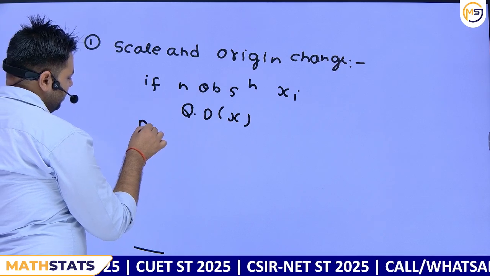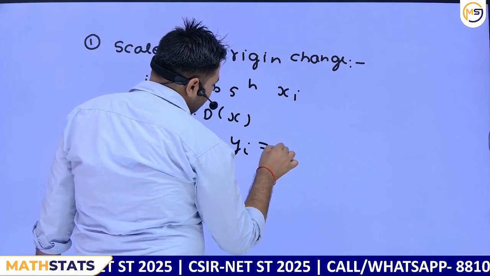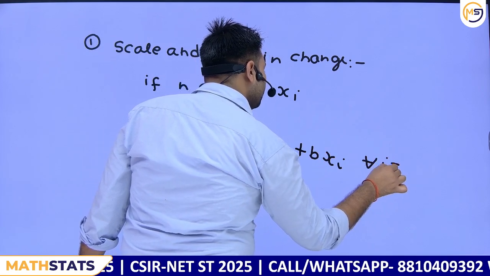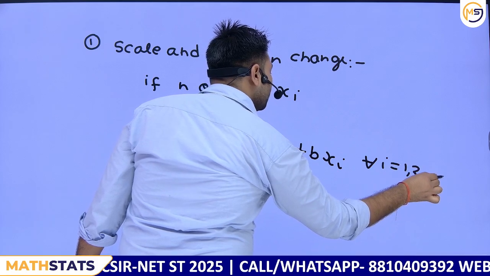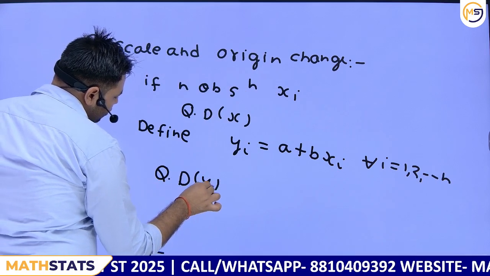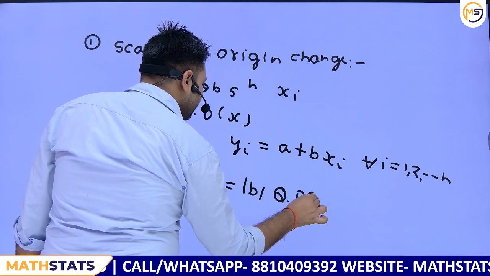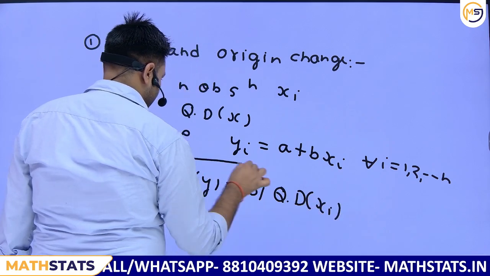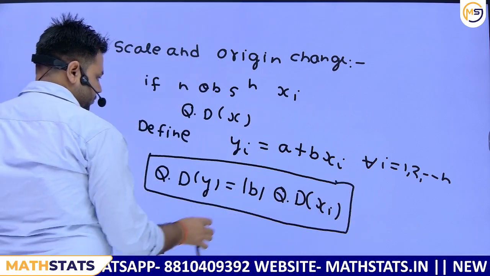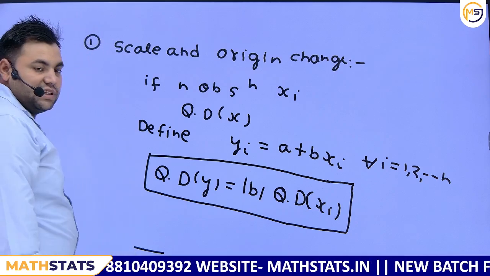Now define yi equal to a plus b xi for each i, for i equal to 1 to n. So what is the quartile deviation of y? QD of y equals mod of b times QD of x.